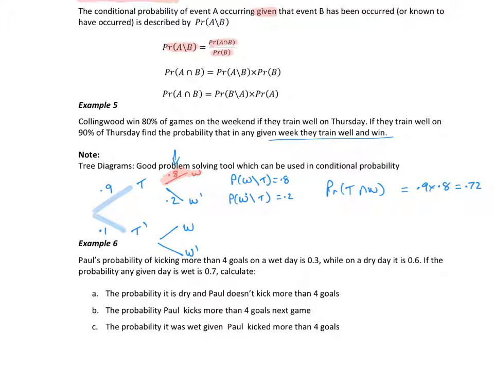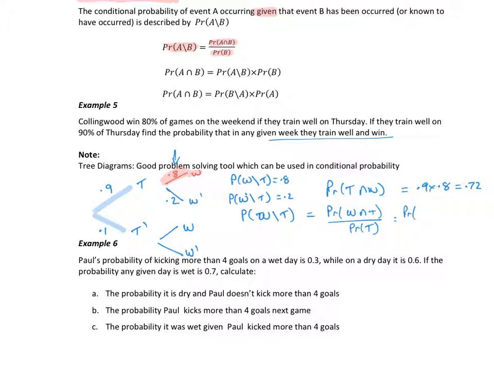Or using my conditional probabilities, we know that the probability of winning given they train well is equal to the probability of winning and train well over the probability of train well.